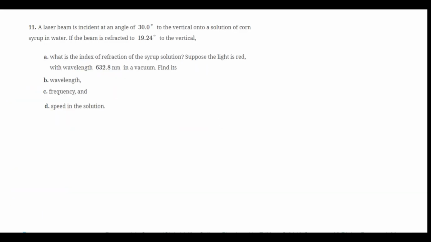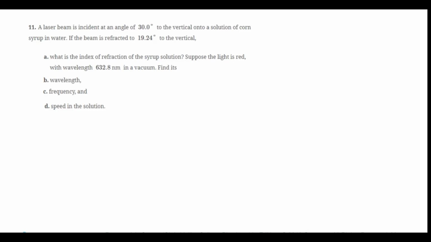Let's say that it says that a laser beam is incident at an angle of 30 degrees to the vertical onto a solution of corn syrup in water. If the beam is refracted to 19.24 degrees to the vertical, first, what is the index of refraction of the solution?